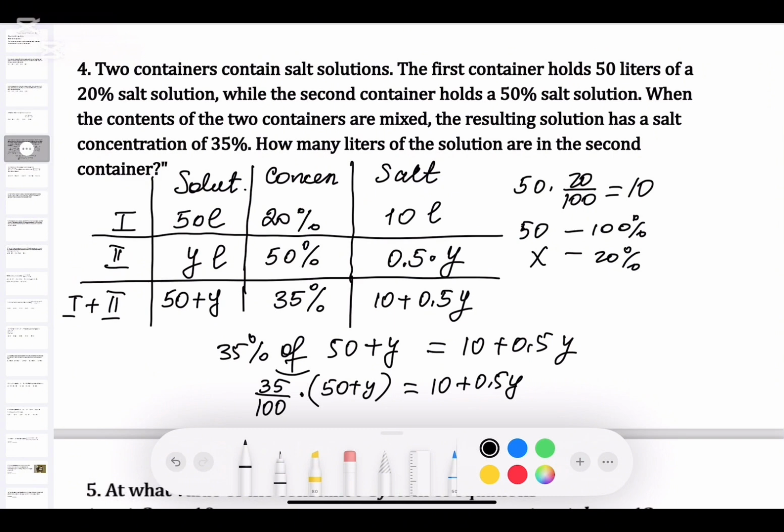And now I have to solve this equation. I see the denominator being equal to 100. Let's multiply both sides by 100 just to get rid of the fractions. We don't like working with fractions.